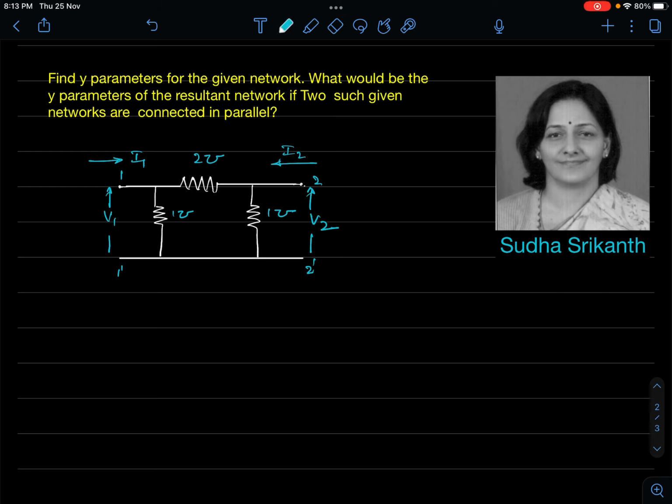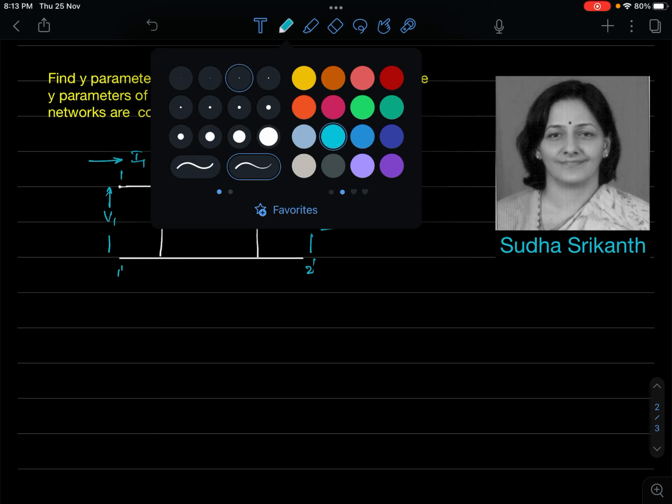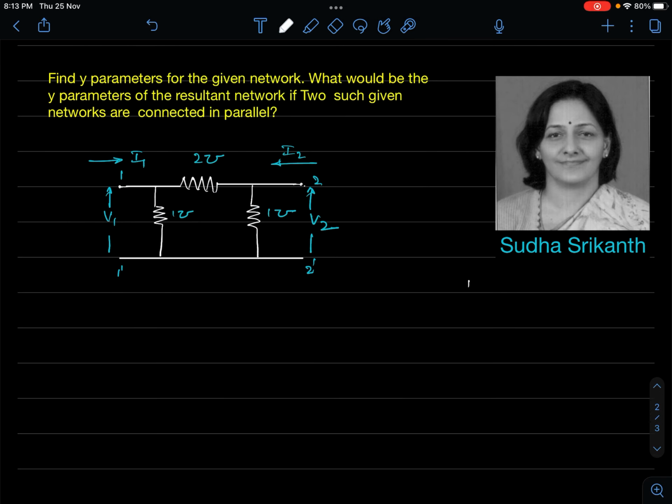So y parameters are those wherein our independent variables are V1 and V2 and dependent variables are I1 and I2. In other words, y parameters can be described by I1 and I2 as a function of V1 and V2.